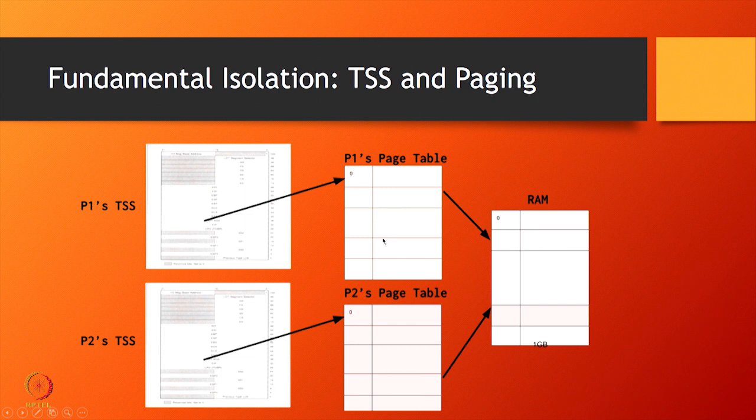So, this page table will have some entry which will point to some location in the RAM, and in the page table for P2 also the same location will be pointed. So, though I am changing the page table, I can reuse or share the pages between these two processes. And which are the pages I will share?